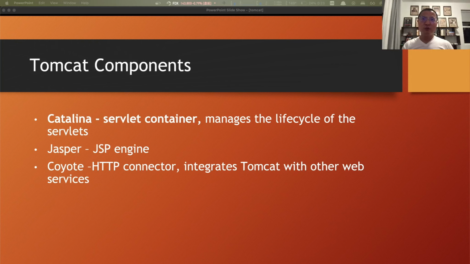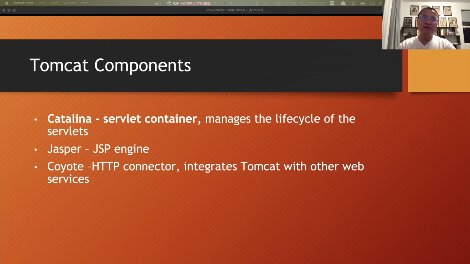Like what we just went through in the previous slide, if a request is a JSP, it has to be parsed and compiled to a servlet before it's able to be handed over to Catalina for execution. That's basically what Jasper is all about. Jasper parses all JSP files and compiles them into Java code as servlets.